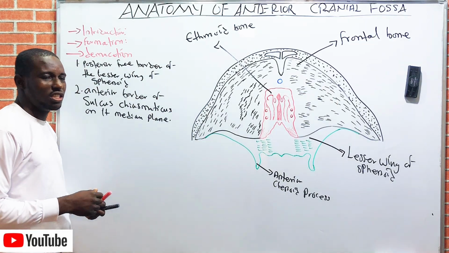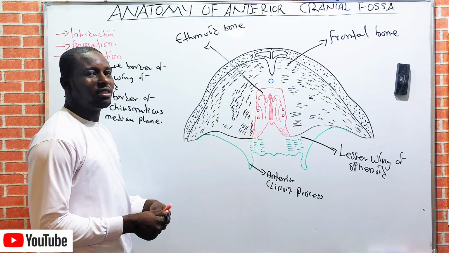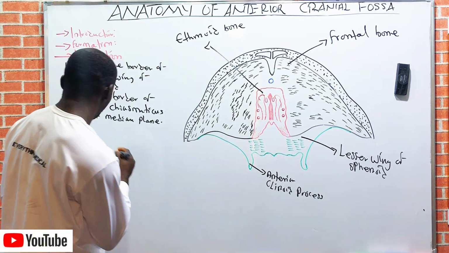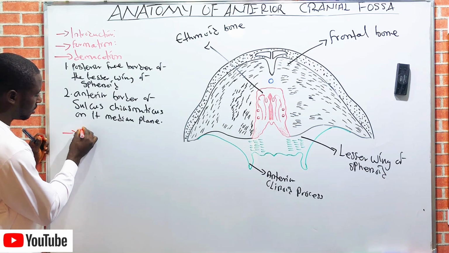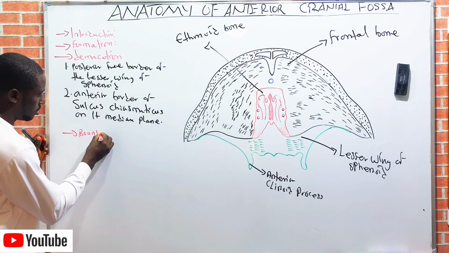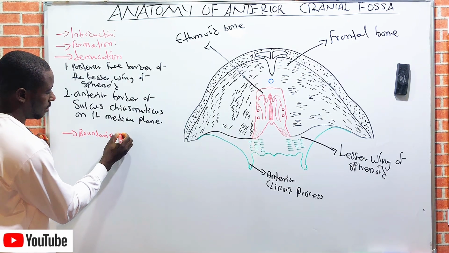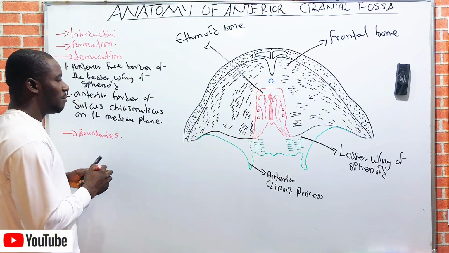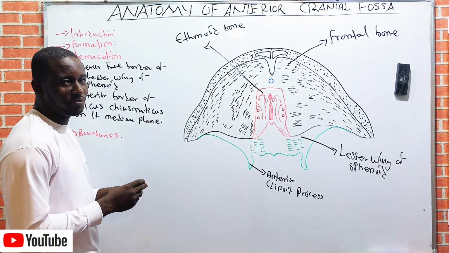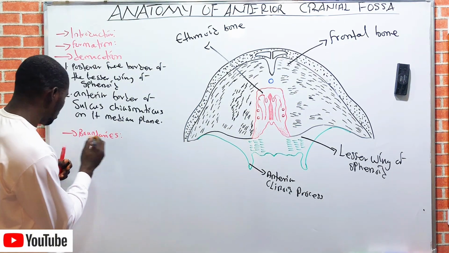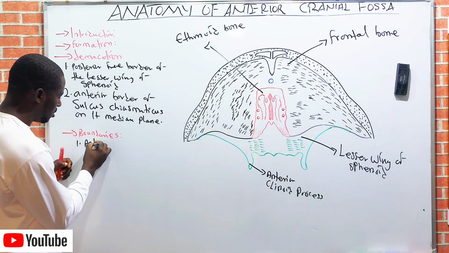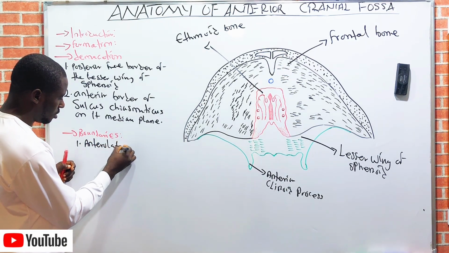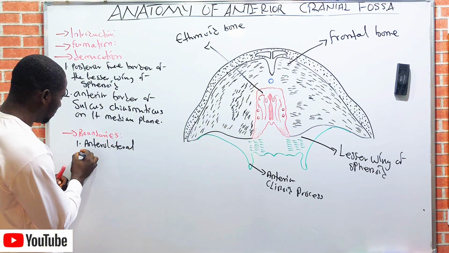Up next we'll be discussing the boundaries of the anterior cranial fossa. The boundaries of the anterior cranial fossa are as follows. Number one is the anterolateral boundary.